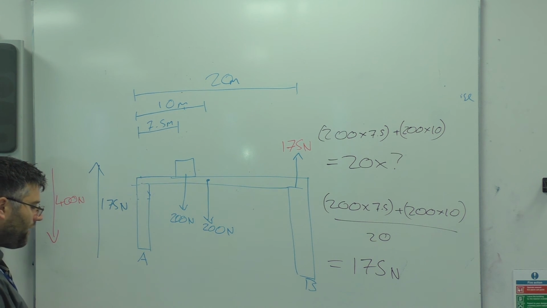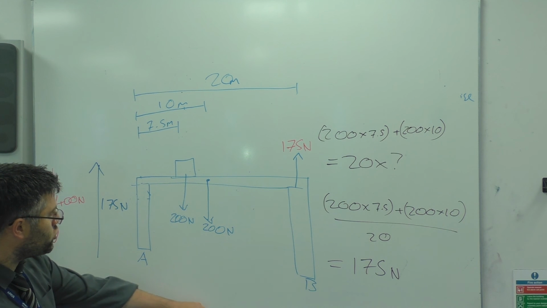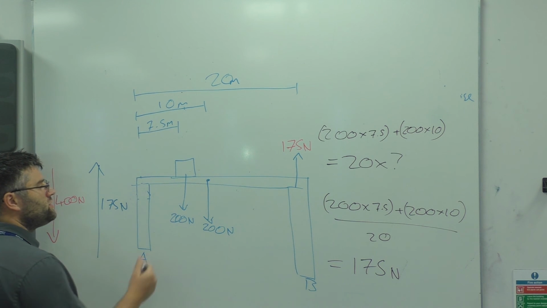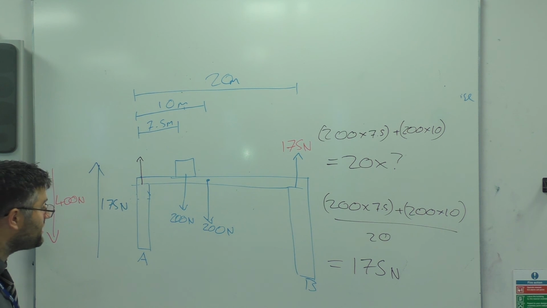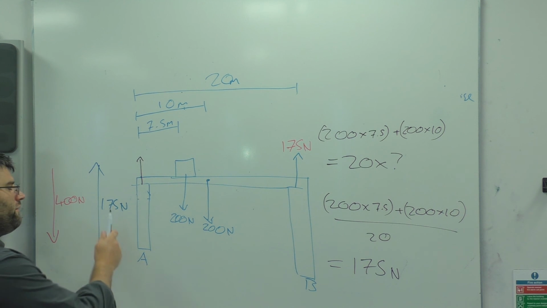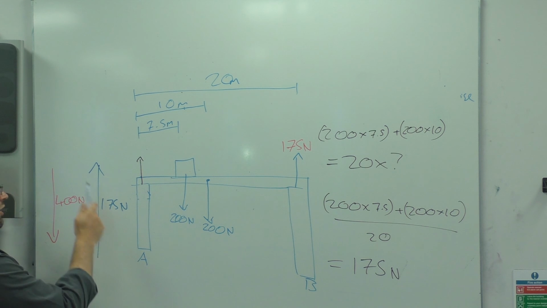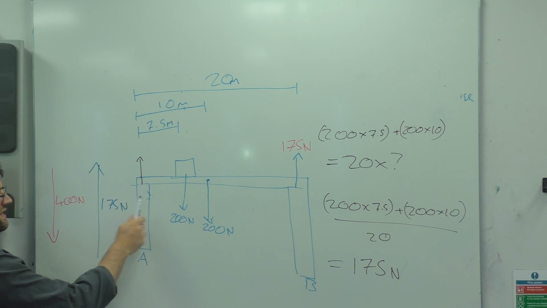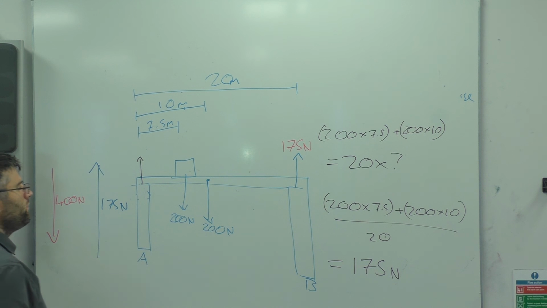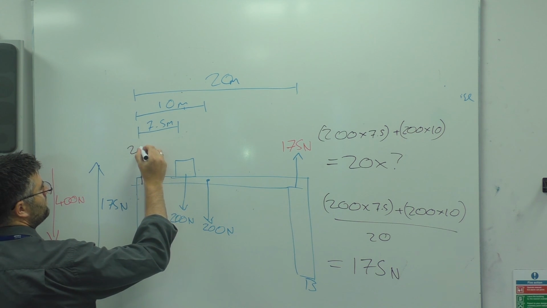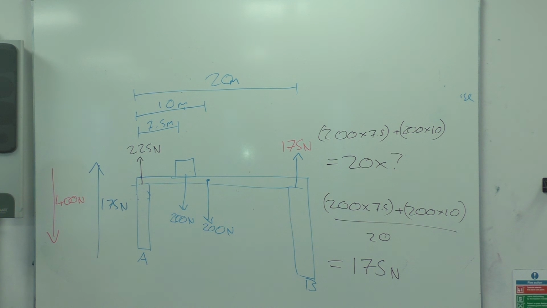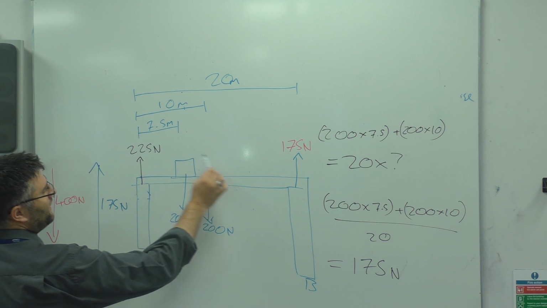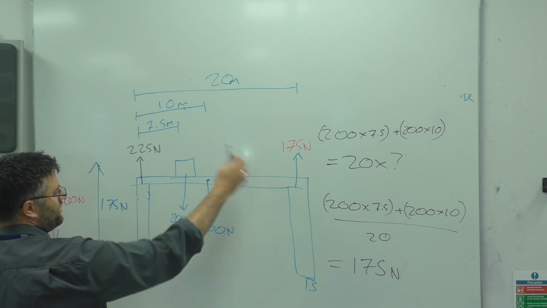I can work out real quick what A should be based on the first requirement for equilibrium, which is net force equaling 0. We've got 175 up, 400 down, there's an imbalance there. This must make up the difference, so we should have a difference of 225 newtons here. And that should add up nicely.